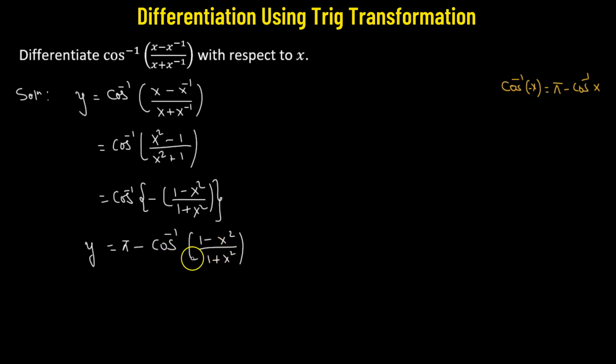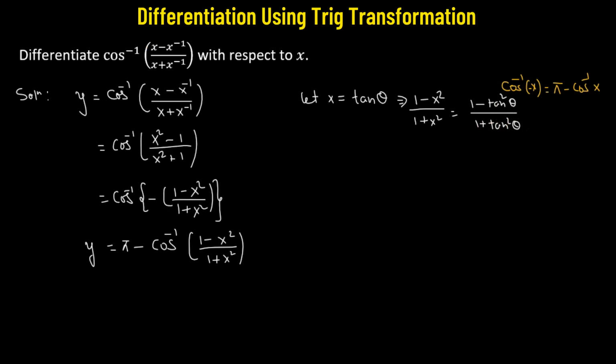Now we'll try to simplify the expression on the right hand side by making a trigonometric substitution. Let's say x equals tangent of theta. Then (1 minus x squared) divided by (1 plus x squared) will become (1 minus tangent squared theta) divided by (1 plus tangent squared theta).